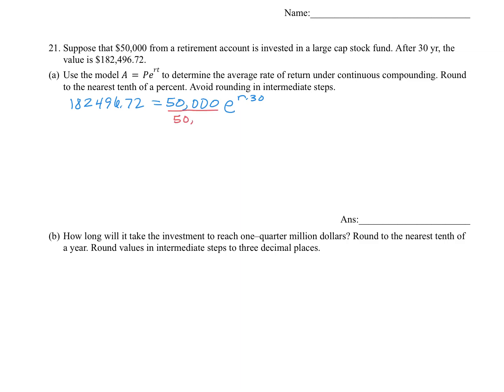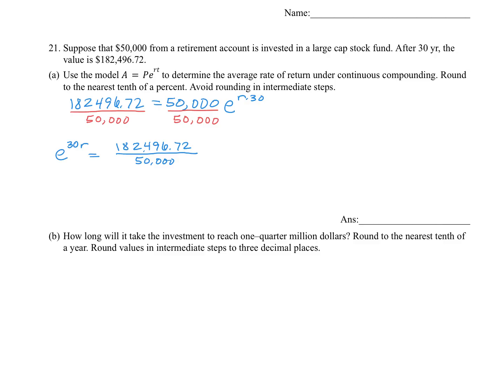And what we're going to do to be on the safe side is we're not going to divide this out to a decimal. Instead, we're going to keep this as e to the 30 times r is equal to the fraction 182,496.72 divided by 50,000.